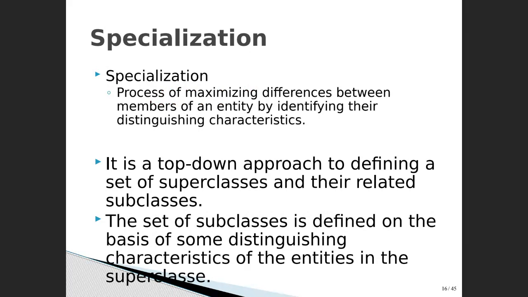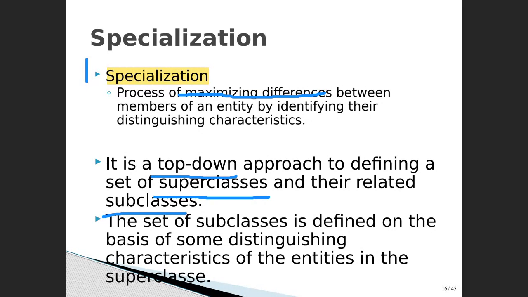So what is the meaning of specialization and generalization? In specialization, number one, we are maximizing the differences between members in an entity type. For example, staff: we maximize the difference, we divide it into managers, secretaries and sales personnel. So it's a top-down approach. We define a set of superclasses first, and then we define subclasses.